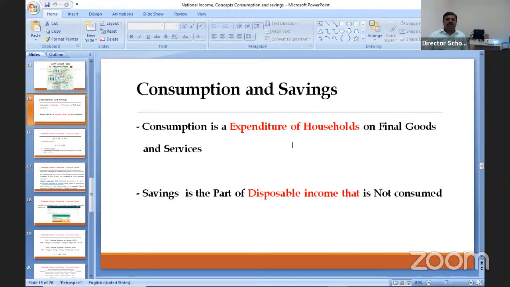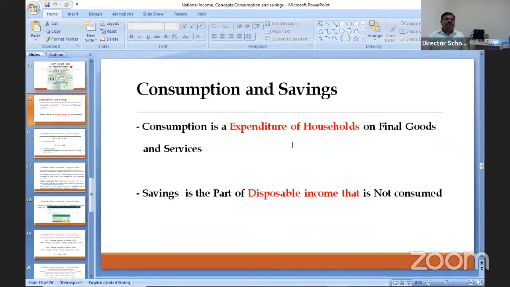In the last lecture we discussed the meaning of final goods with the help of wheat and bakery products. Wheat is the intermediary good and the bakery products are the final goods. Like cotton is the intermediary good and the clothes or other final things are the final goods or services. So in this way consumption has its specific meaning: the expenditure made by households on final goods.